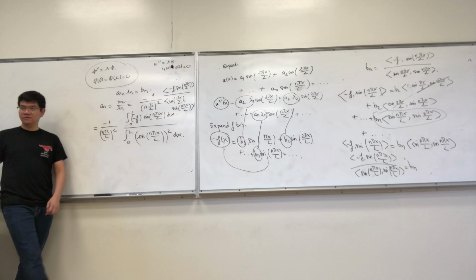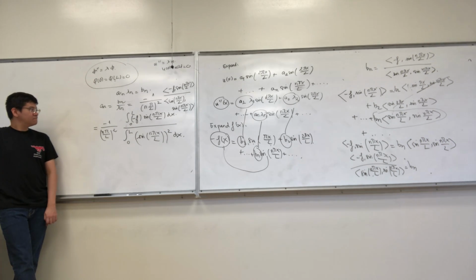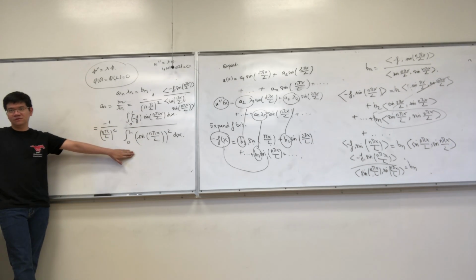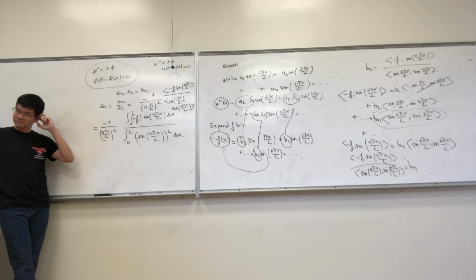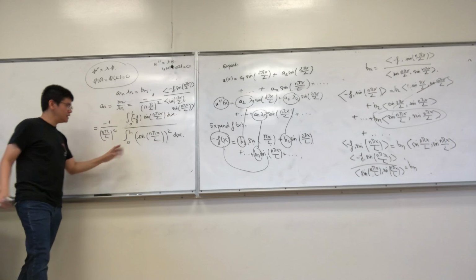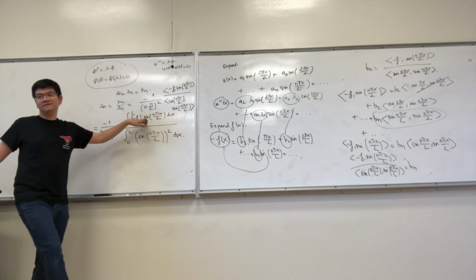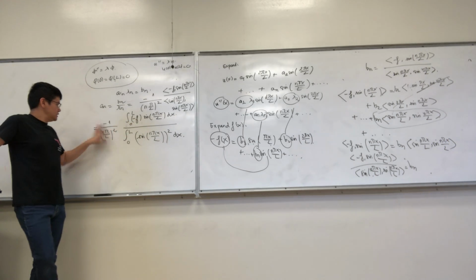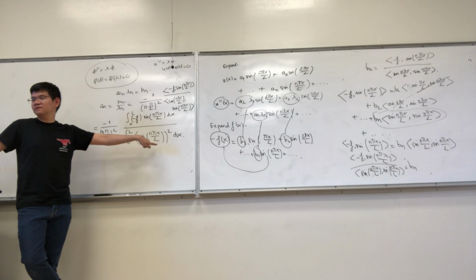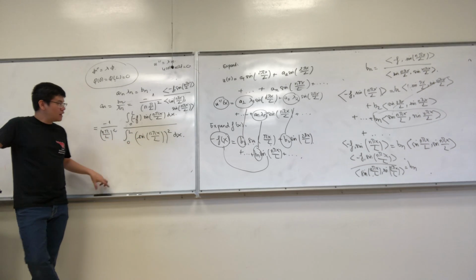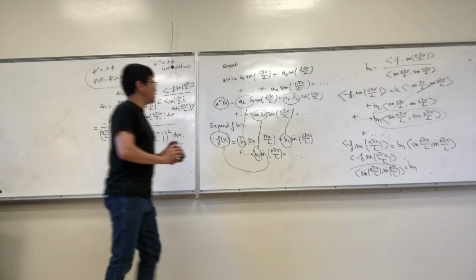All right. So in this coefficient, what can you compute? This you cannot compute because f is not given. This is a constant, so you need to compute this sinus square.